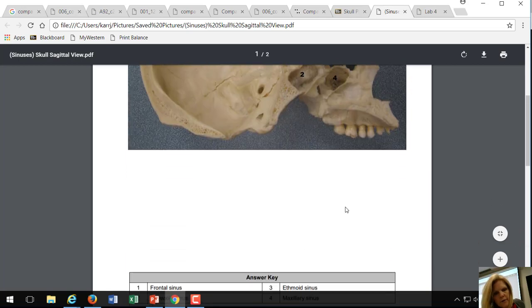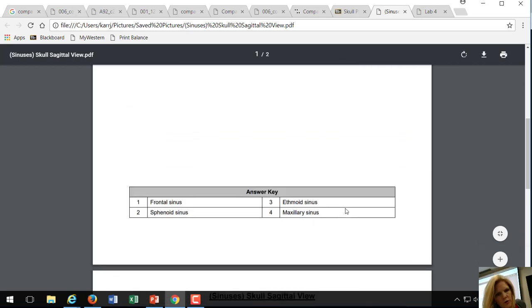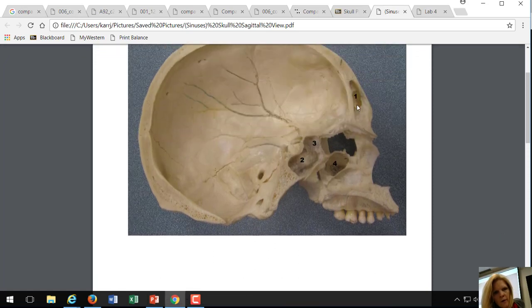Then we have, and this is labeled here for you too, so there's no confusion, frontal sinus, maxillary sinus, ethmoid sinus, sphenoid sinus. So the ethmoid and sphenoid are right next to one another. The ethmoid's in front, sphenoid in the back. The maxillary sinus is over the teeth, and the frontal sinus is in the frontal bone. So that's a picture in Blackboard for you.